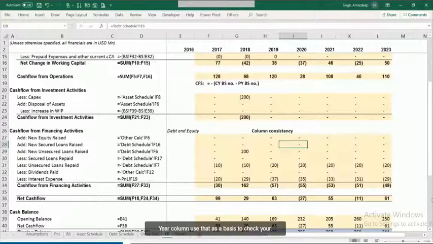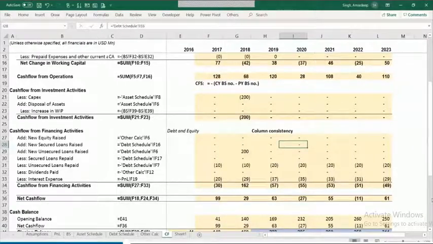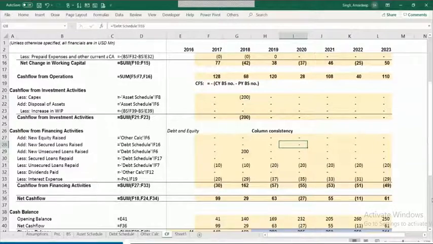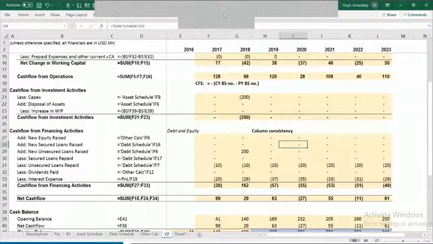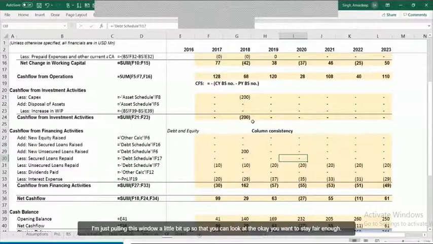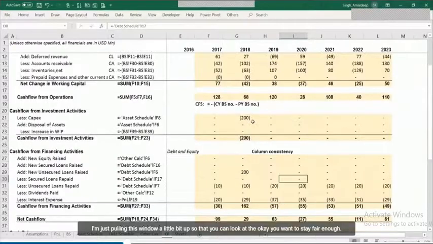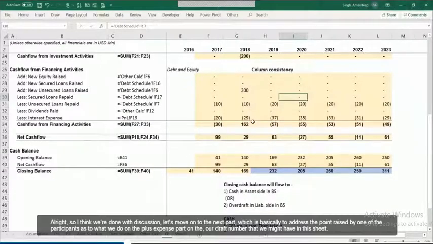Use that as a basis to check your formula, and then let me know in case there is any error still after this. I'm just rolling this window a little bit up so that you can look at it. Okay, you got the mistake. Fair enough. All right, so I think we are done with this cash statement.